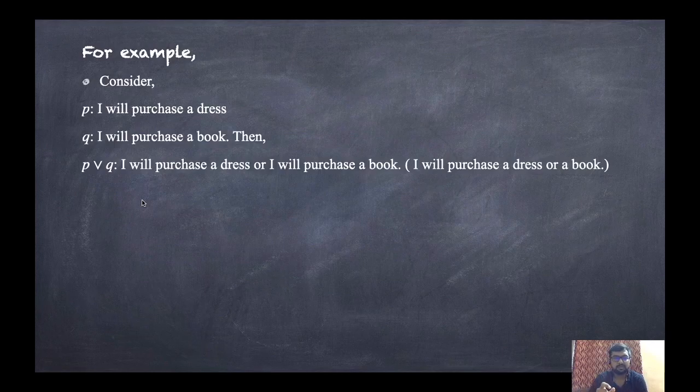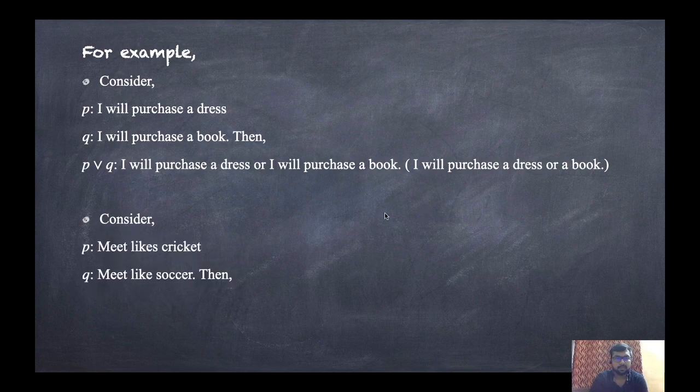Or simply, we can write: I will purchase a dress or a book. The simplest. Second one, P: Meet likes cricket. Q: Meet likes soccer. Then P or Q: Meet likes cricket or soccer. Easy.